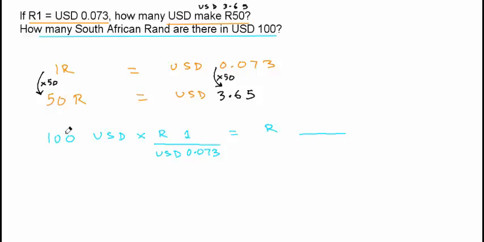And therefore, effectively, it amounts to saying 100 times 1 over 0.073, or 100 divided by 0.073. And that is equal to 1369.86. So here you go. How many South African rand? 1369.86 South African rand make up 100 USD.